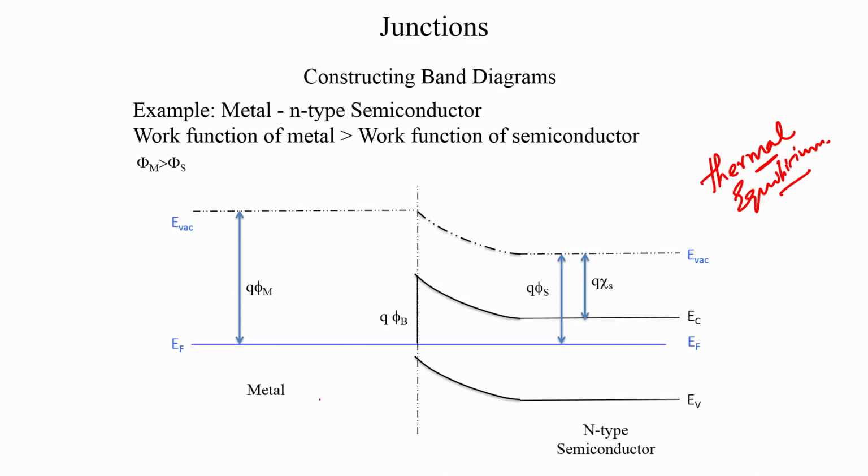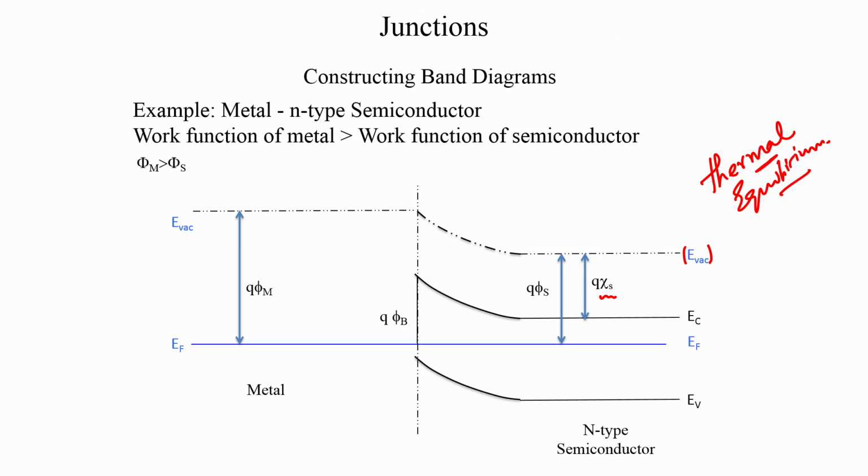The moment you have a metal N type semiconductor junction with phi m greater than phi s, the Fermi level will align, and the vacuum level will adjust itself so as to ensure that the electron affinity in the semiconductor and the work function of the metal are always constant. You can see the work function of the metal has never changed. The difference between the Fermi level in the metal and the vacuum level is constant throughout.